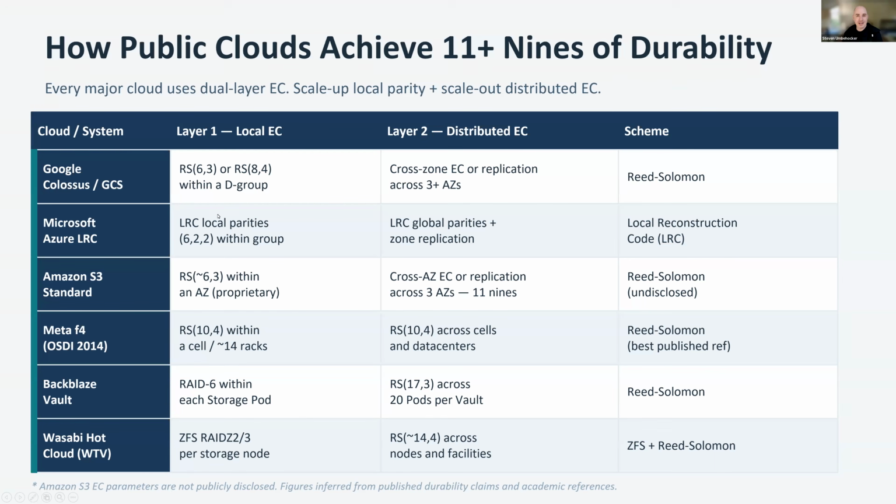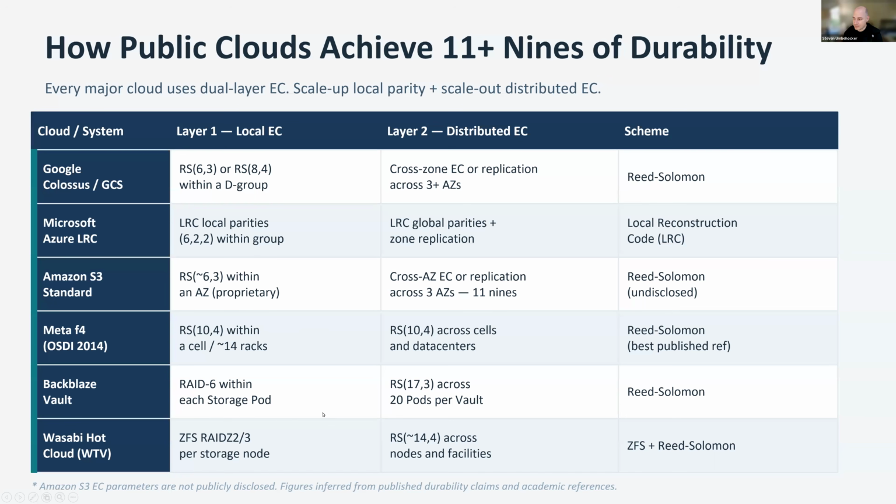You're still going to be using the network, and multiple nodes in one site, to try to do that rebuild quickly. It does eliminate the WAN traffic, but you're still impacting the cluster. And so you don't have that independence of layers that you get when you combine a local RAID with a distributed parity. So this is significantly less durable than a double layer technique.